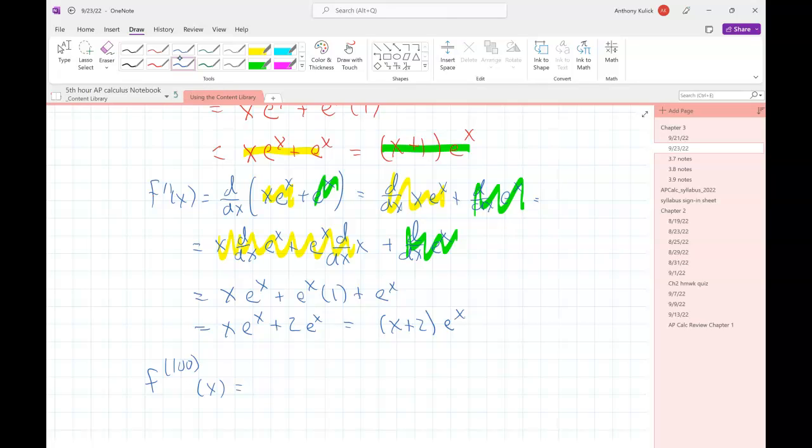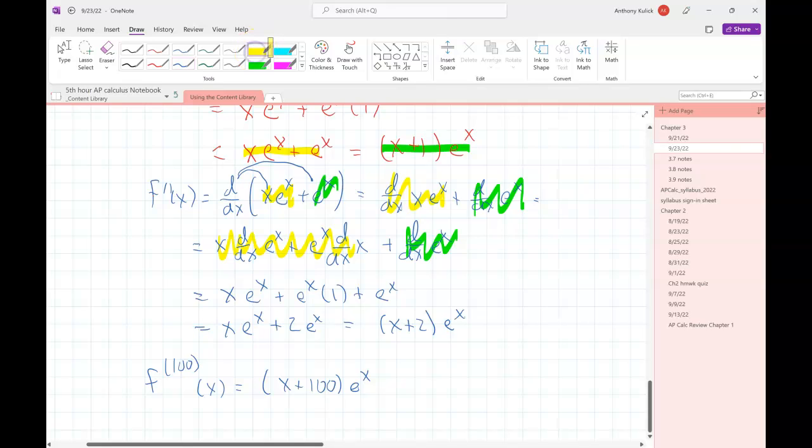Quick in your head, the 100th derivative. Yep. Mackenzie. So I start by distributing the derivative.